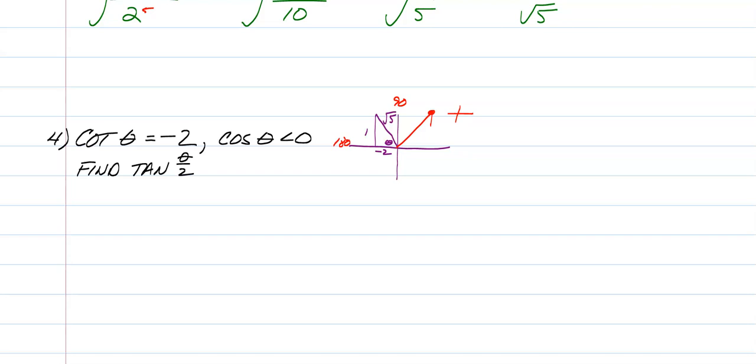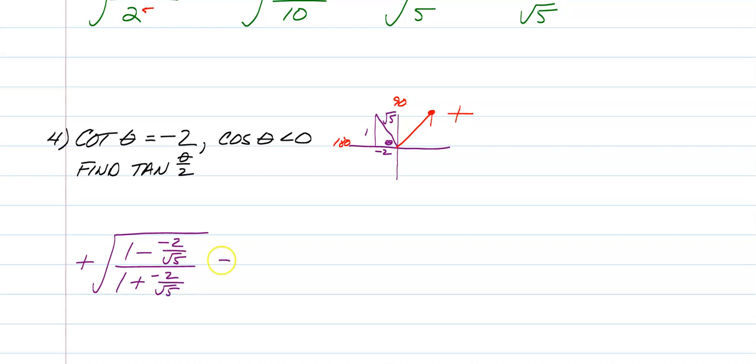So this last example, we are using a positive square root of 1 minus the cosine of the full angle divided by 1 plus the cosine of the full angle. So 1 minus the cosine of the full angle is 1 minus -2 over root 5, divided by 1 plus -2 divided by the square root of 5.